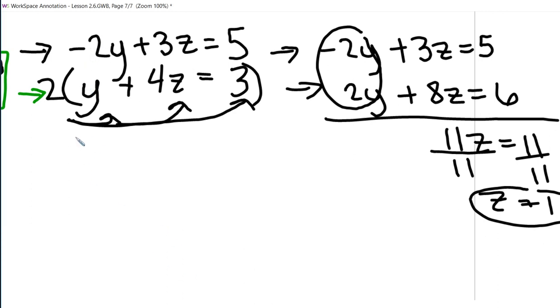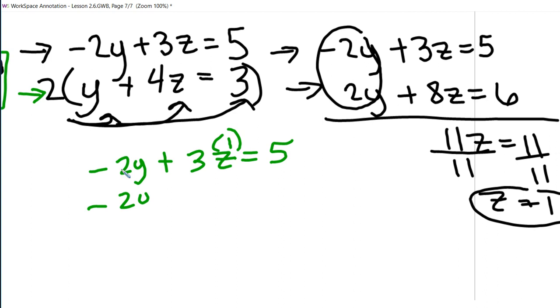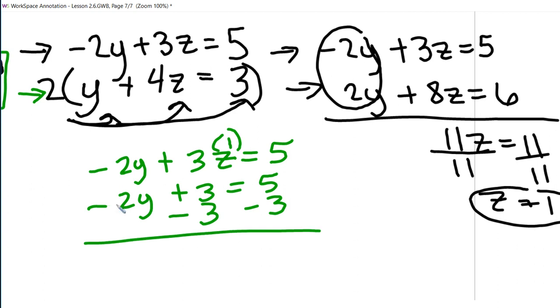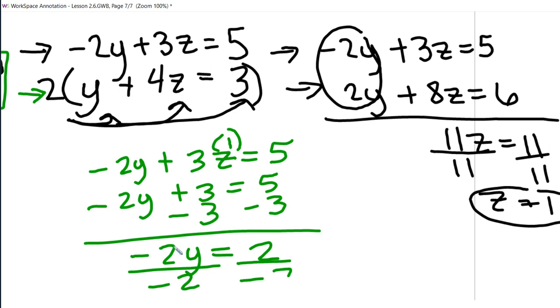The top one, negative 2y plus 3z equals 5. So here z is 1. So what's 3 times 1? 3. Subtract 3 from both sides. So it's negative 2y equals 2. Divide both sides by negative 2. What does y equal? Negative 1.